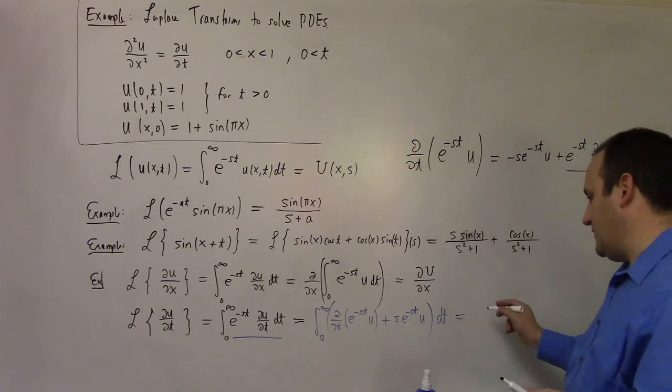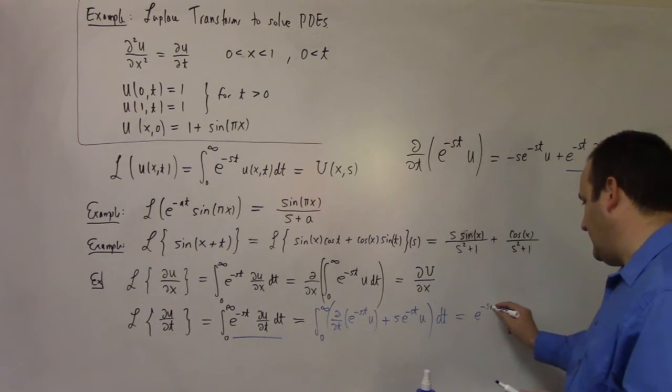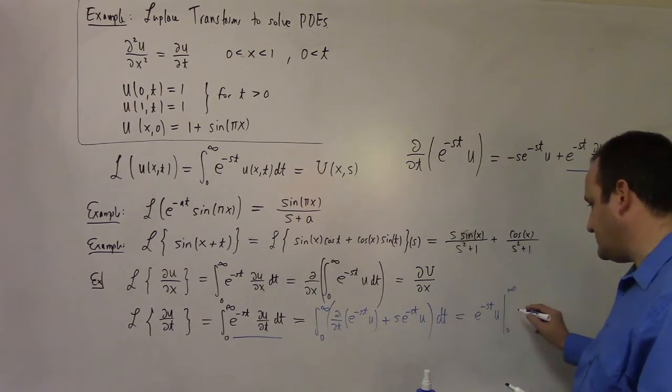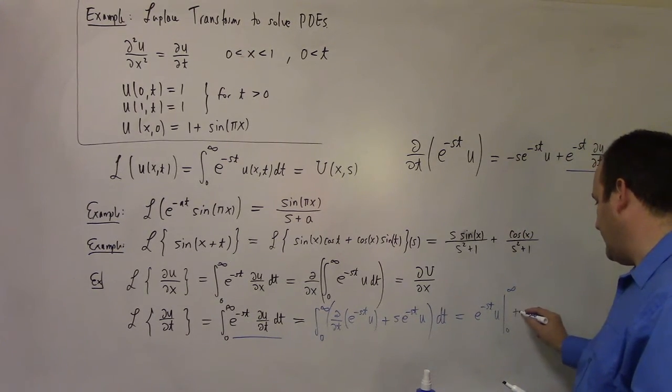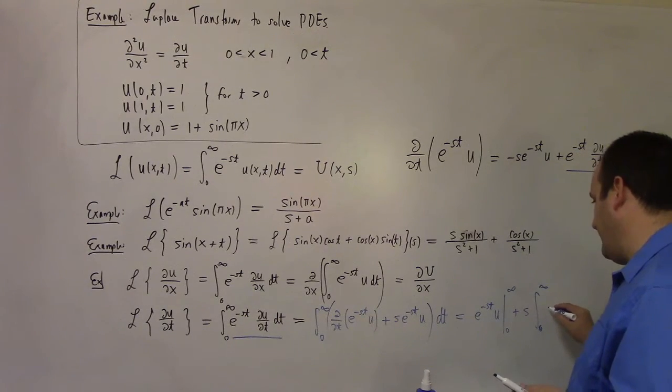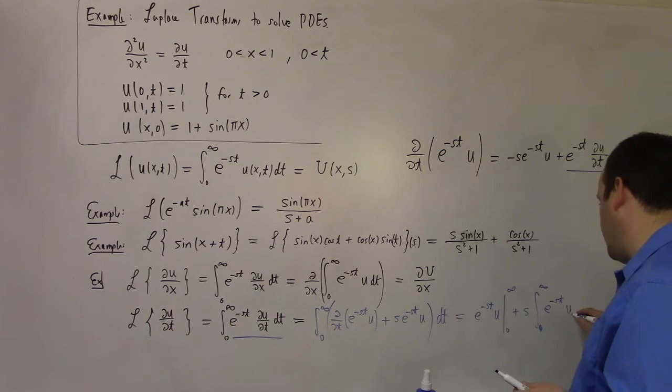Now, of course, the first term there is just e to the minus st times u evaluated from 0 to infinity. And then we have plus s times the integral from 0 to infinity of e to the minus st times u dt.